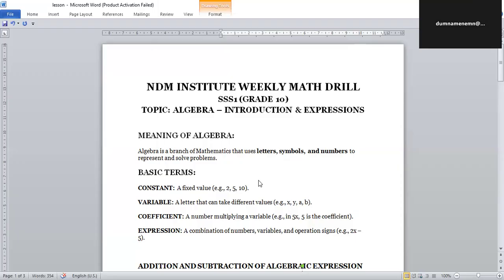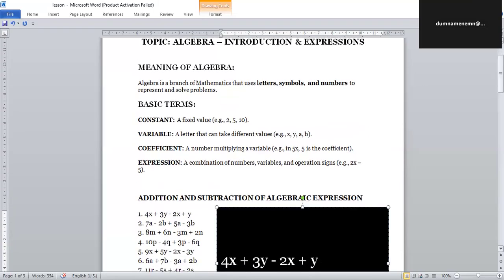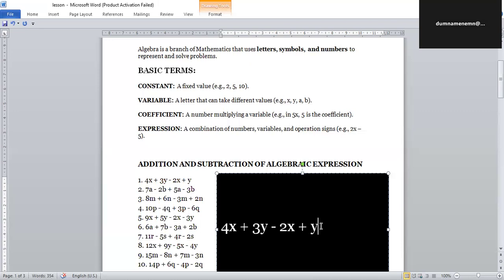So the first term we need to learn about is constant. What is a constant? A constant is a fixed value. For example, you have 5x plus 6. This is an expression. So 6 here is a constant. A constant is a fixed value. Then a variable is a letter that can take different values.